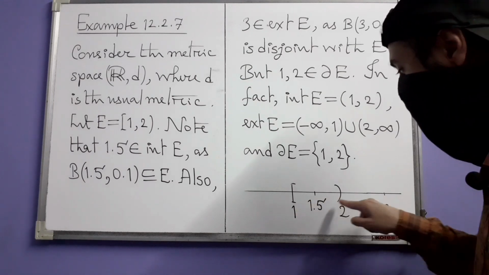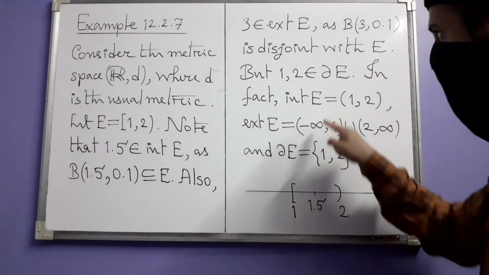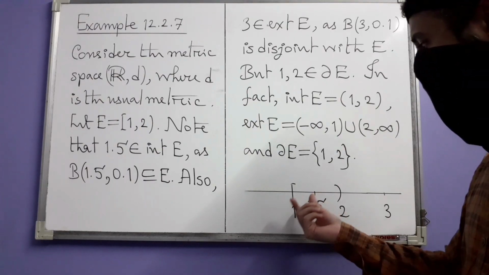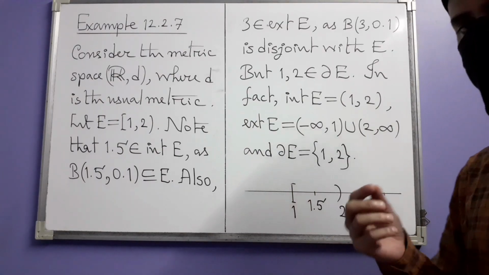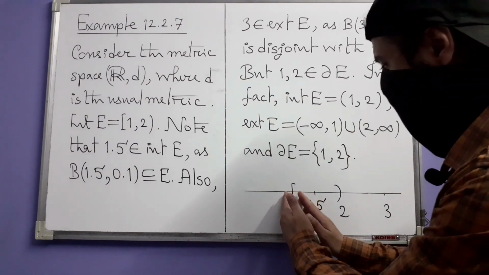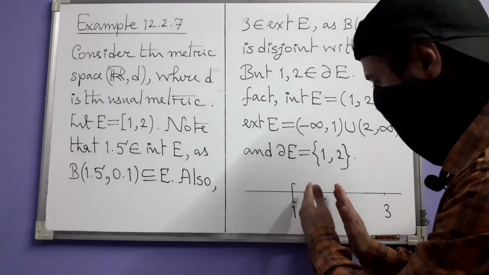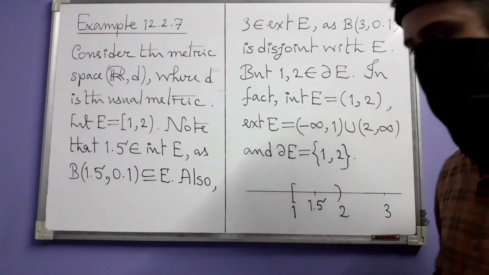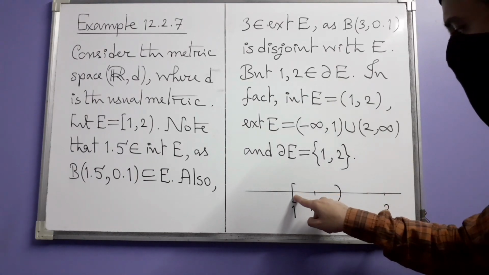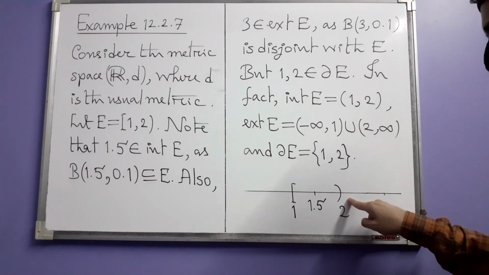However, 1 and 2, these 2 points are boundary points of E. No matter what ball you can think of whose center is, say, 1, can either entirely lie inside E or is disjoint with E. None of these two things will happen, and that is why 1 is a boundary point and so is 2.